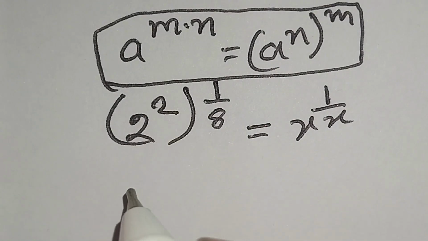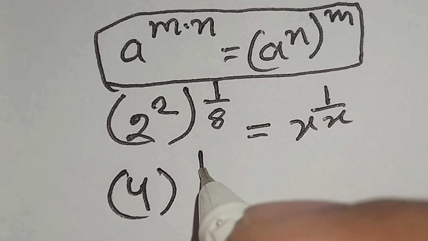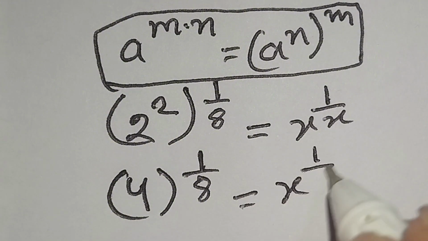Here 2 squared is equal to 4, so 4 to the power 1 over 8 is equal to x to the power 1 over x.